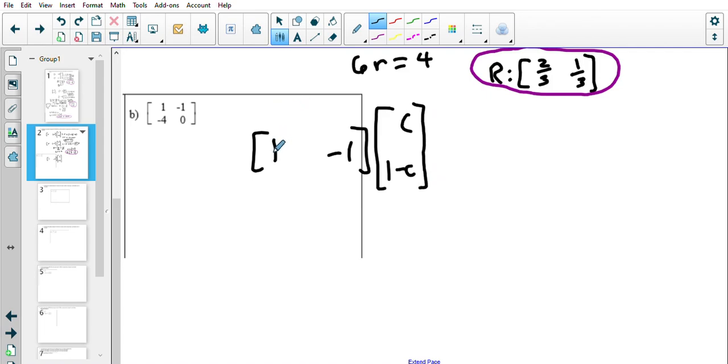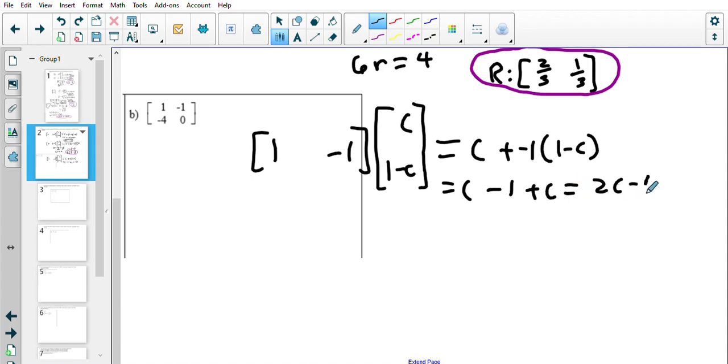So they play that against the first row. We get 1 times C is C, and negative 1 times 1 minus C. That gives us C minus 1 plus C, or 2C minus 1.